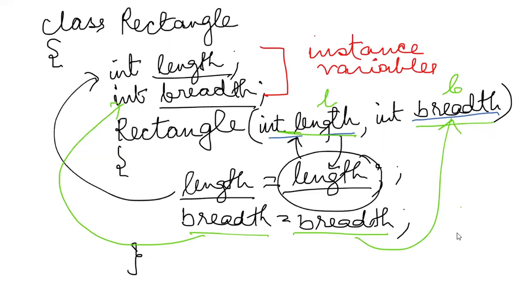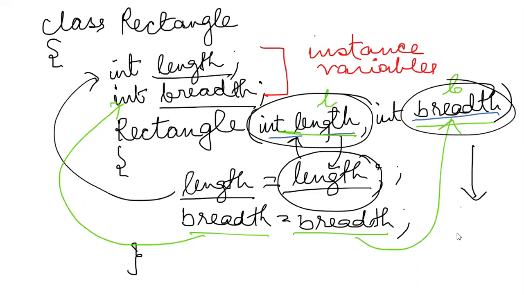So whenever an object of rectangle class is created, a copy of length and breadth is created for that object. But here, length and breadth are local variables. So these two are local variables of this method, of the constructor.